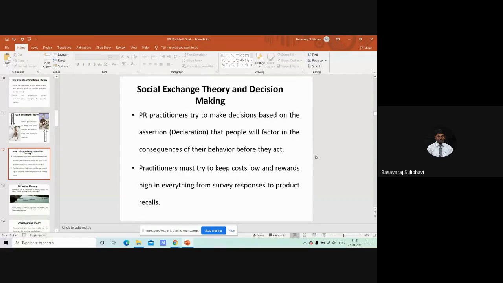As PR practitioners, you have to keep in mind how best you can keep the cost low and give them higher rewards in return for whatever behavior or action those people exhibit towards the organization. This purely depends on the survey, so research has to be conducted to know about it.